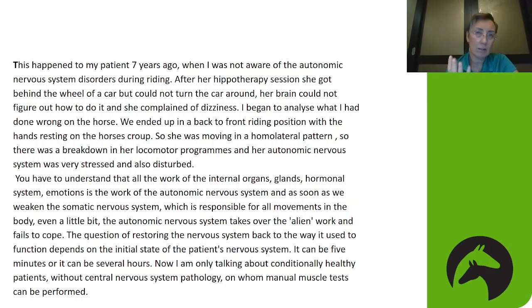We ended our session in this position, back to the front riding position with hands resting on the horse's croup. So she was moving in a homolateral pattern. So there was a breakdown in her locomotor programs, and her autonomic nervous system was very stressed and also disturbed.